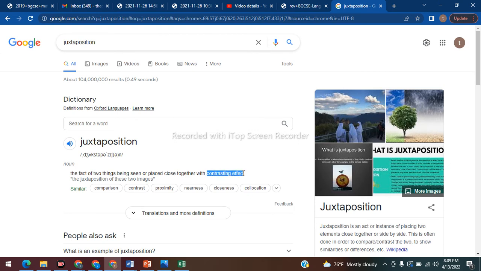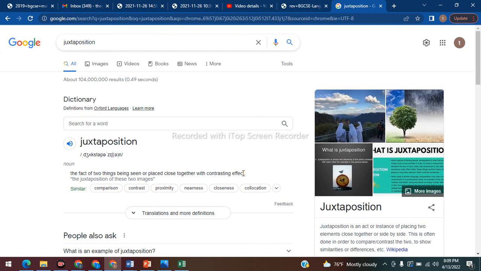So for example, night and day. When you put them side by side, the difference is clear. One is night, one is day.